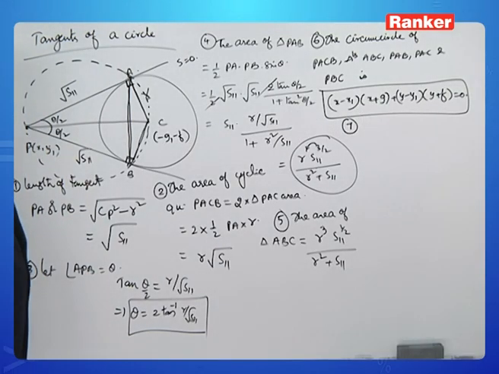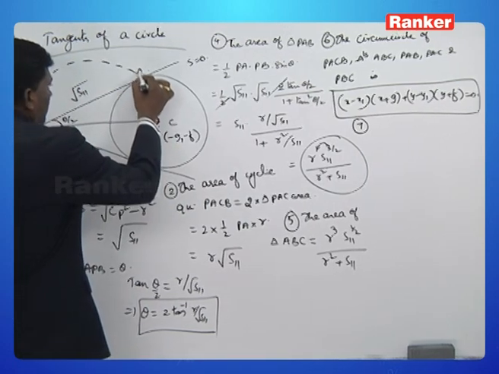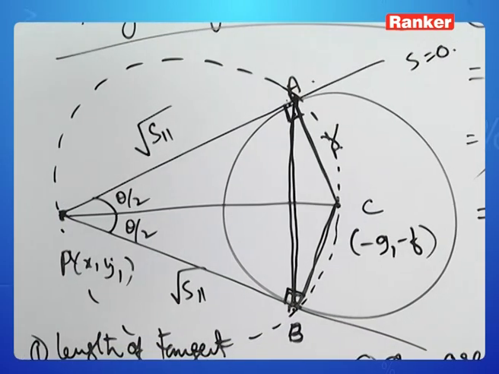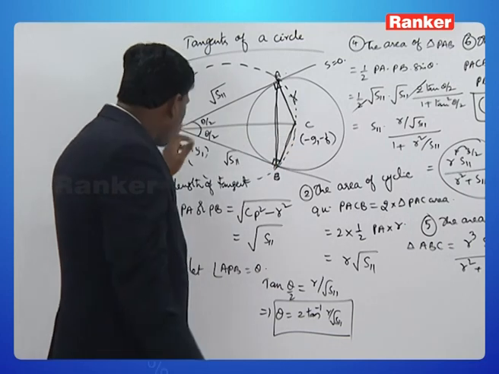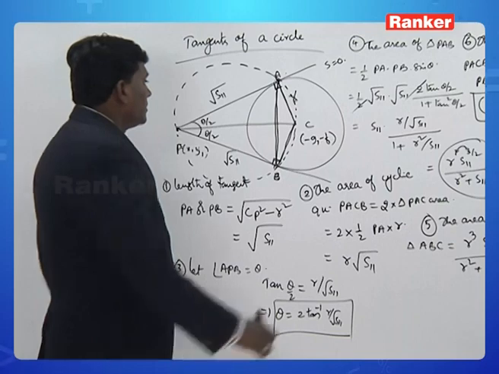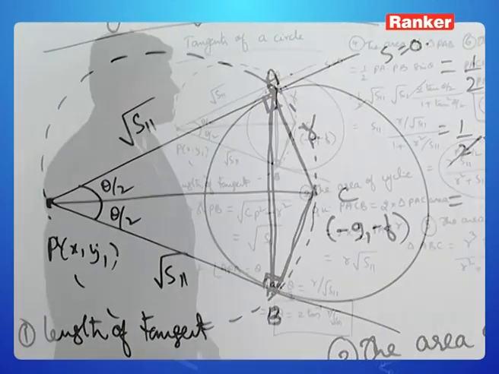In this diagram, if we join A and B, we are getting the chord which is called the chord of contact. This is called the chord of contact of the point x1 comma y1 with respect to the given circle. Now let us see how to find out this chord of contact equation.